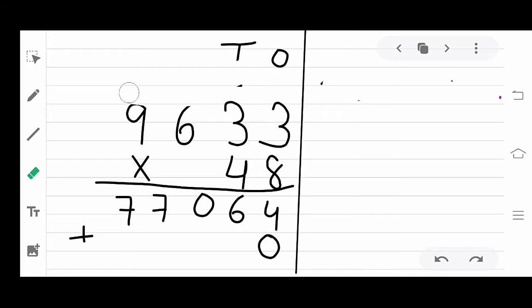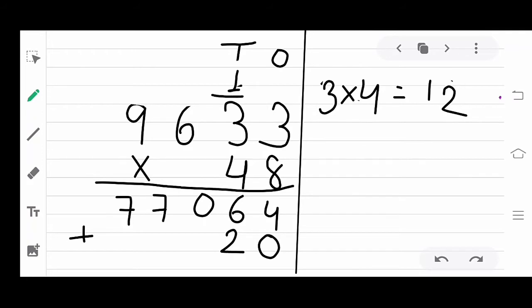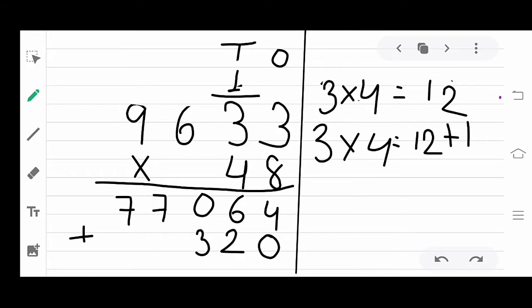For example, 3 into 4, yes, 12. So I'm going to write it here. Next, 3 into 4, again 12, but here we carried 1, so the answer is 13 and I'm writing it down here.